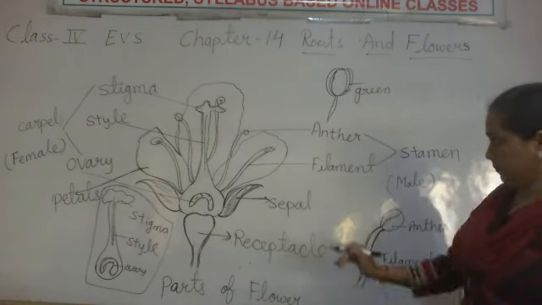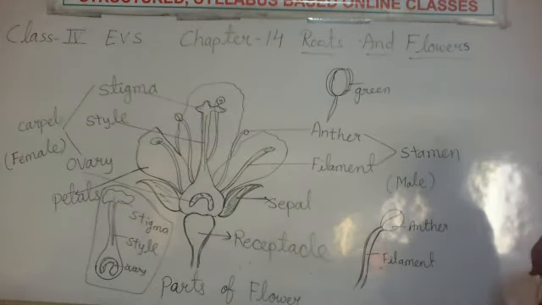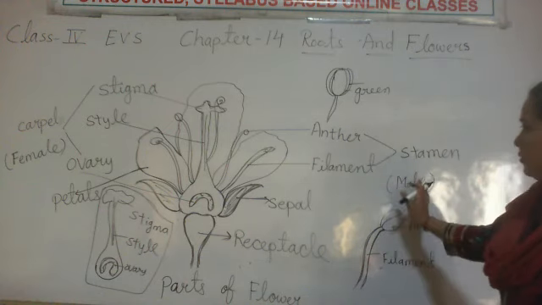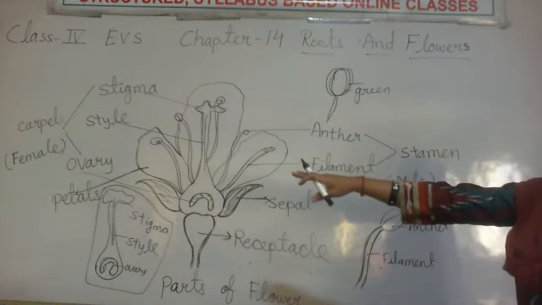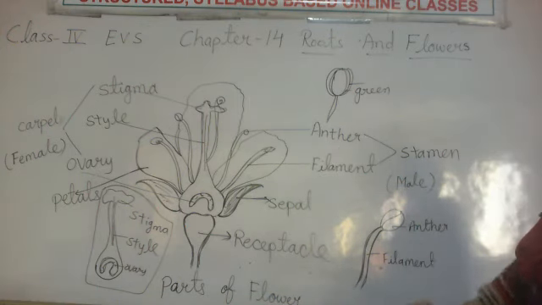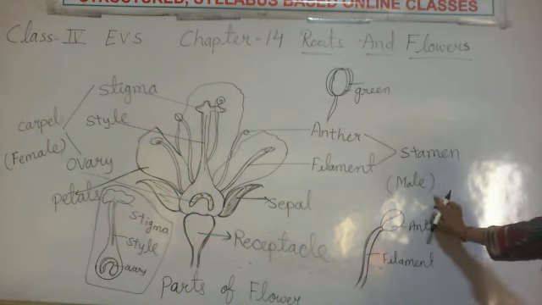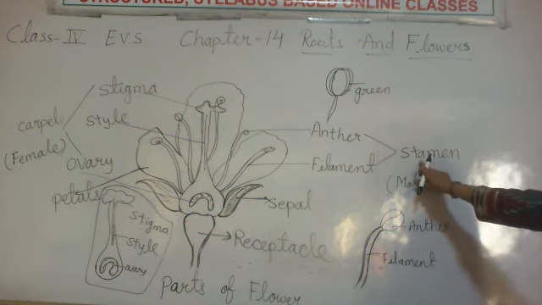After that, we found two genders in the flower. That is the male and female. Clear? Both are in the flower. Now the first part is the male part. What is the name of the male part in the flower? The stamen. Clear?